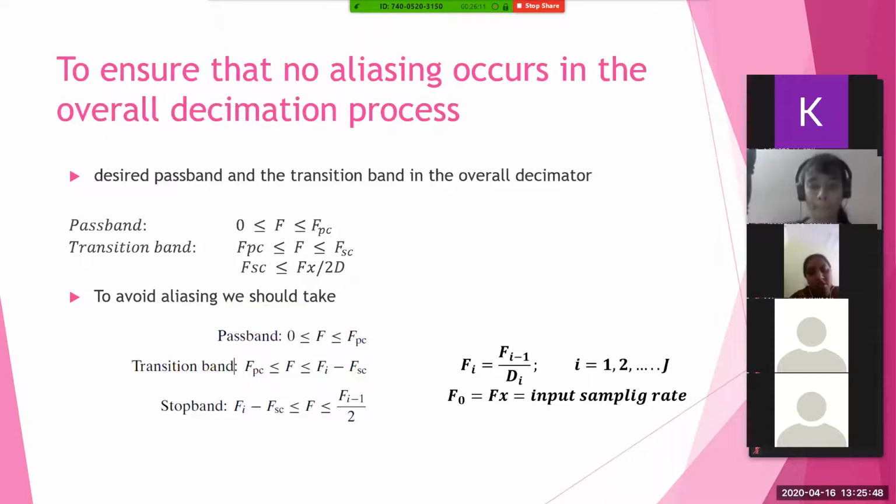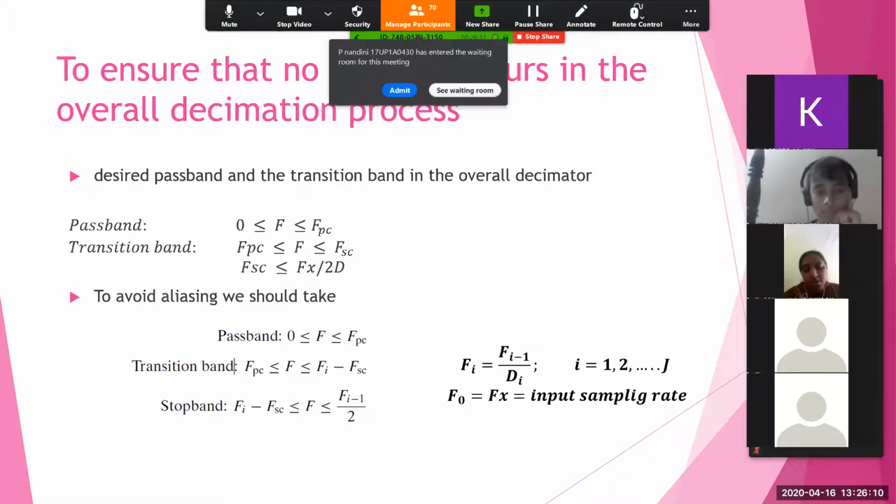That is the sampling rate out of each stage. If it is the first stage, we have some new sampling rate coming out of it. For the second stage also, we have some new sampling rate coming out of it, and so on until L stages or J stages. Similarly, the stop band frequency will also change here.